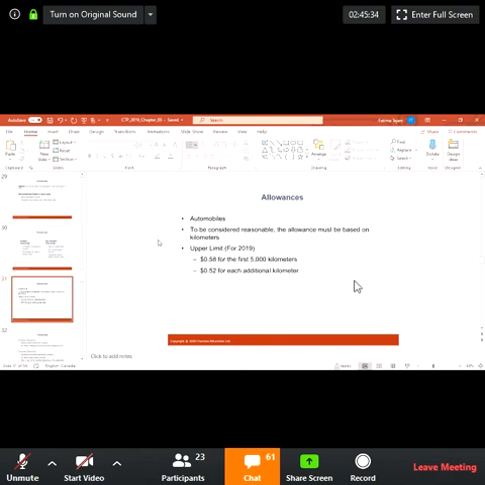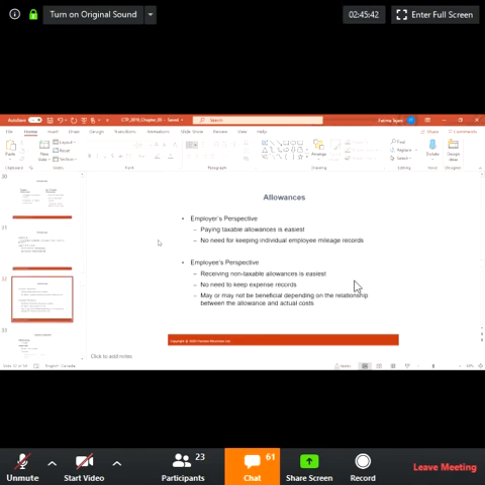They offer like 0.5 cents for the first 5,000 kilometers and then 0.52 for each additional kilometer. From the employer's perspective, paying taxable allowances is easy. There's no need to keep individual employee mileage records. You just pay the allowance in advance and add up that amount.